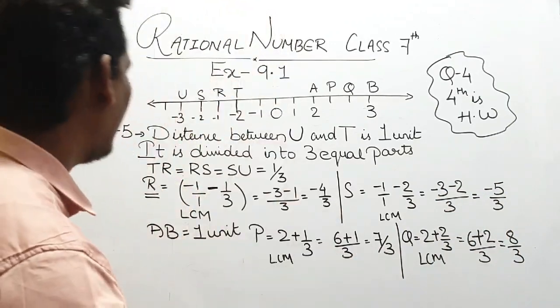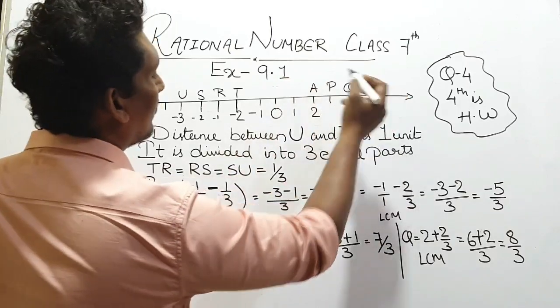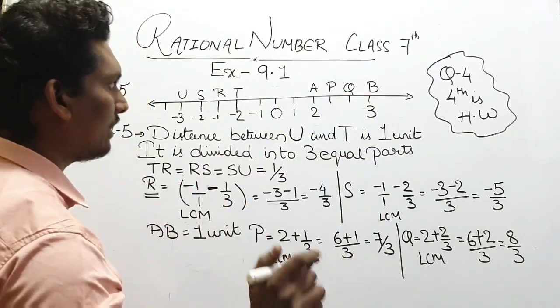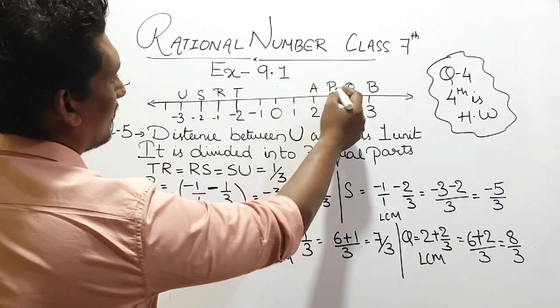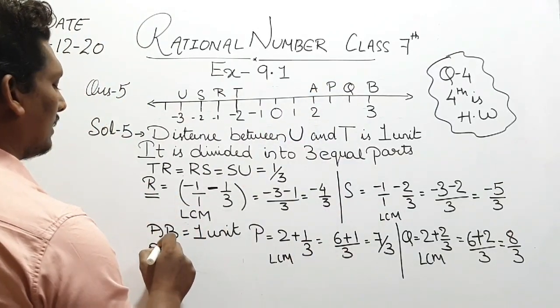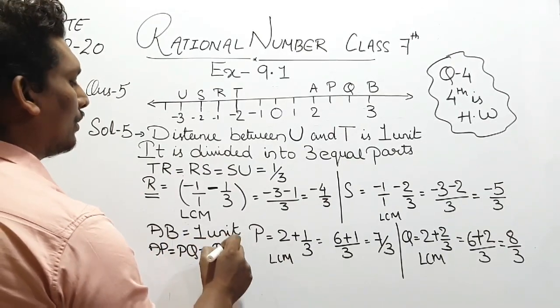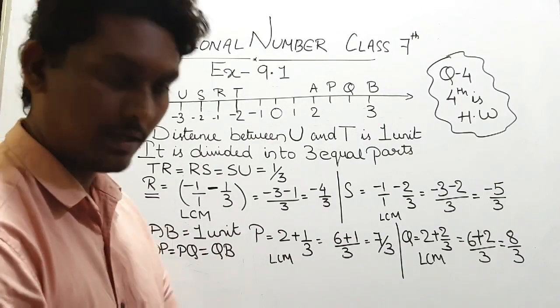Okay, same way when we come to A and B. Here A to B is 1 unit, and here AP is equal to PQ is equal to QB, 3 parts.